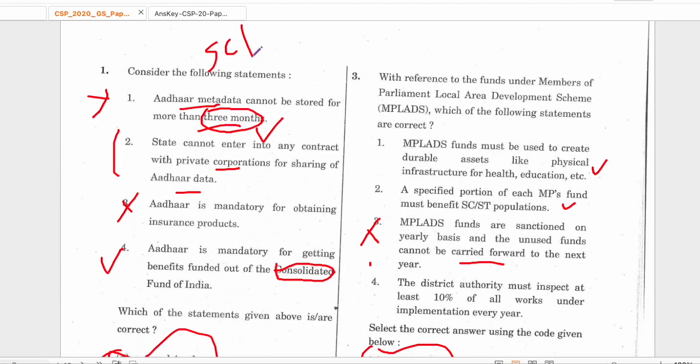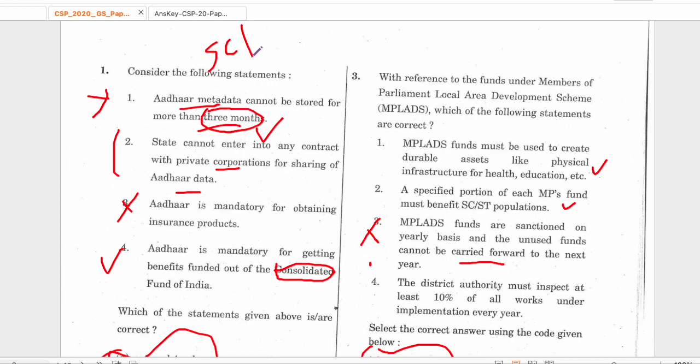Aadhaar is mandatory for obtaining insurance products. Insurance is not something detrimental for the well-being of people, like, without insurance nobody can live. But the basic services provided by the government to the humble section of society were allowed to be seeded with Aadhaar, because it helps the government identify the correct beneficiary, and ghost beneficiaries could be eliminated.